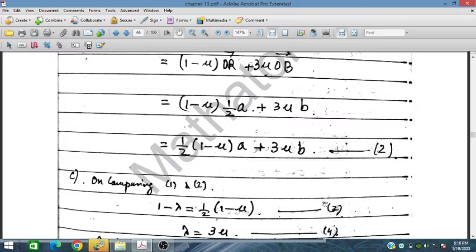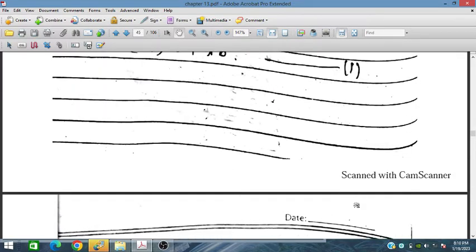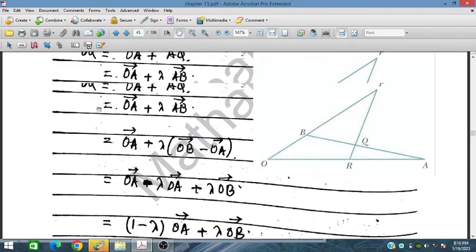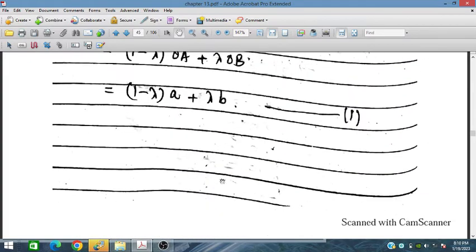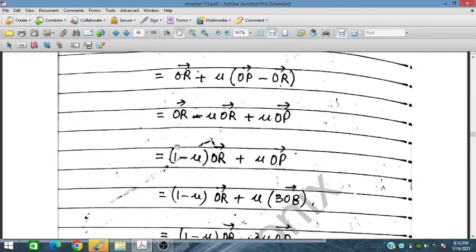Now we have to solve for lambda and mu. From equations 1 and 2, 1 minus lambda a plus lambda b in equation 1 is equivalent to OQ, and the expression in equation 2 is also equal to OQ, so both are equal.